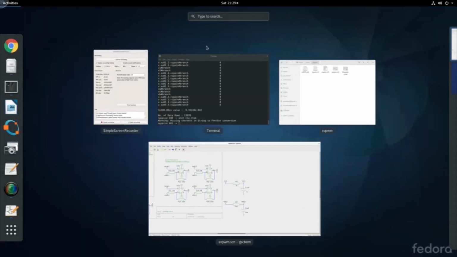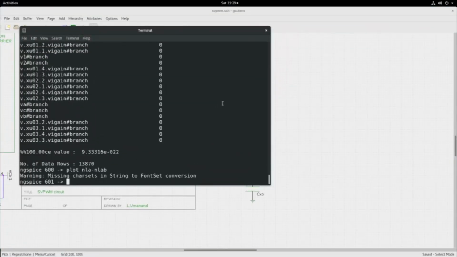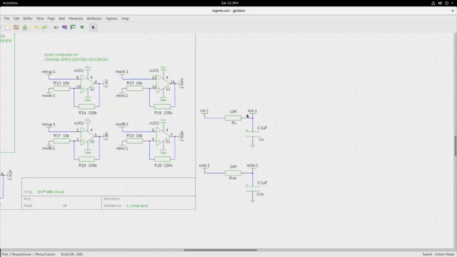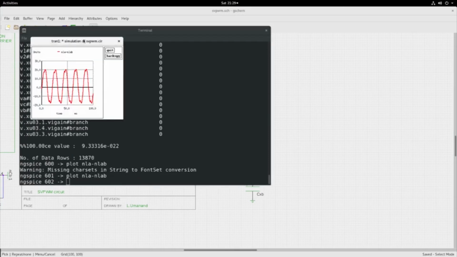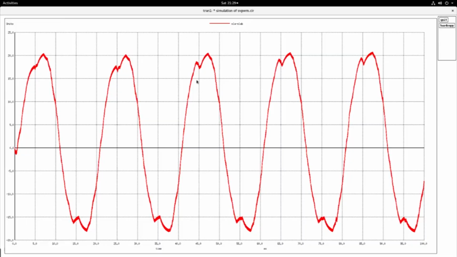Then I have executed it, and then I would like to show you the plot of, observe that this is NLA and this is NLAB. So I will subtract that and then take NLA minus NLAB. So you see that it is containing the triplen portion, the flat topping effect.